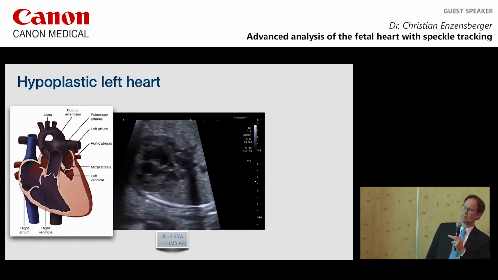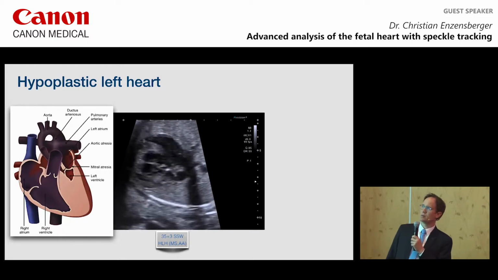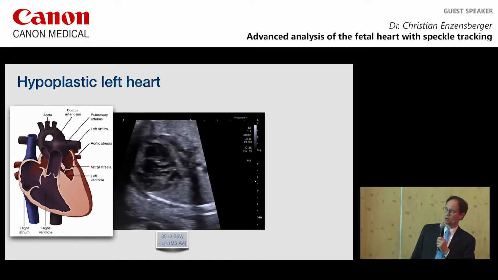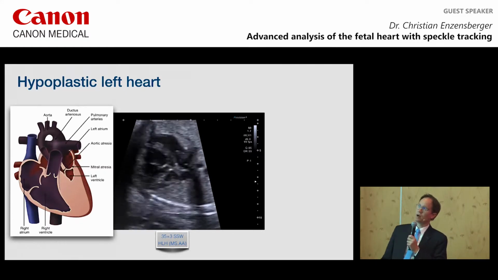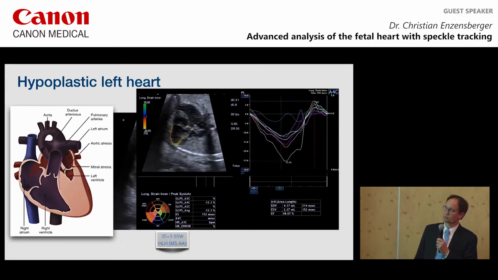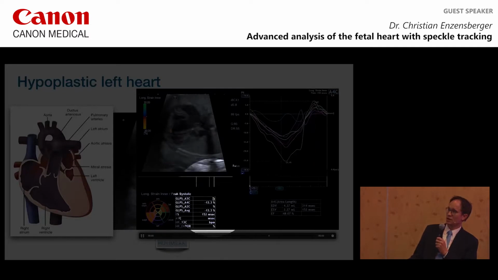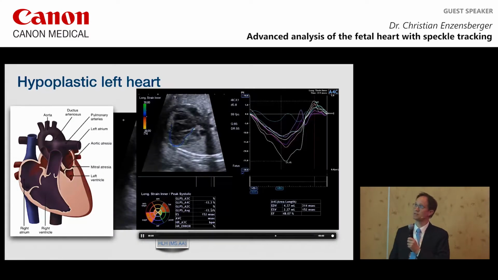In this clip, it's a pity that you cannot clearly see the endocardial fibroelastosis, but there is obviously one, and when you perform your strain analysis, you can see that the global longitudinal peak systolic strain here is going down with minus 13.3%.